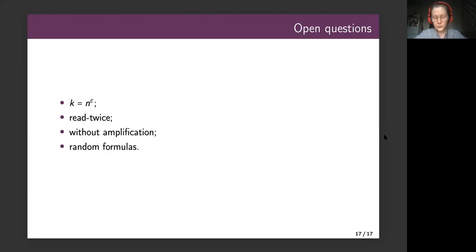First, it would be nice to get rid of the amplification trick, to find some formulas which are hard by themselves without this simplification. And maybe a suitable candidate for that would be random formulas, for example.